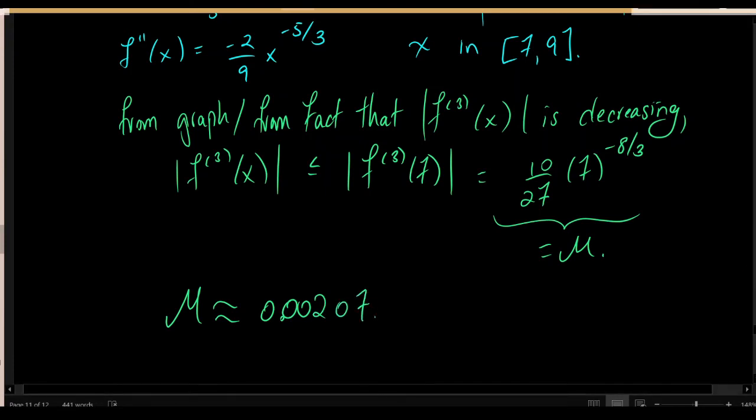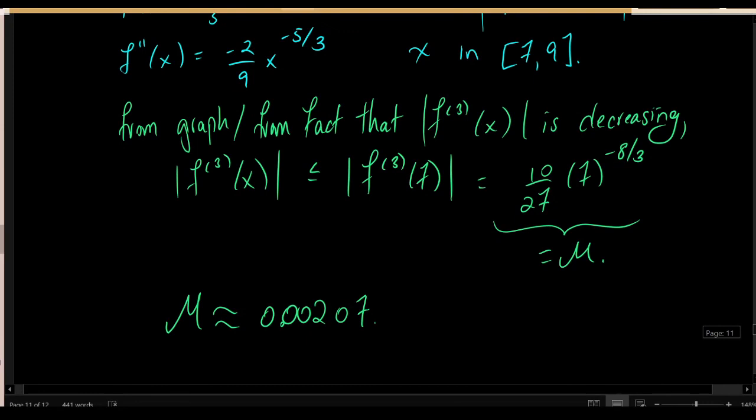Okay, so now having established the value of m that is valid for this function on this interval, let's also note that the values of x in 7 to 9 can get at most 1 unit away from the specified center at x equals 8. Seven and 9 are both 1 unit away from the center at 8.